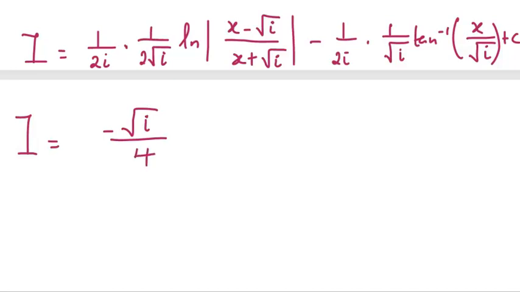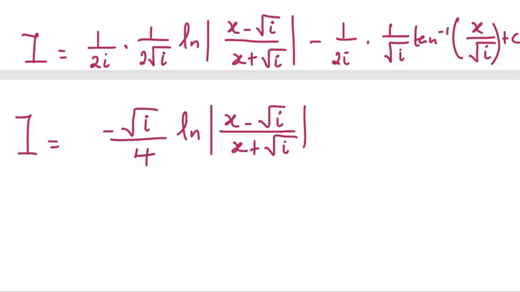Don't forget. Then we have natural log of x minus the square root of i divided by x plus the square root of i. And then here we have minus, oh, we're going to have a plus sign, right? Remember what is going on there. This is going to be square root of i. Then this time around, we're going to have only 2.